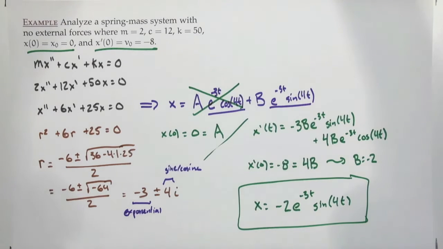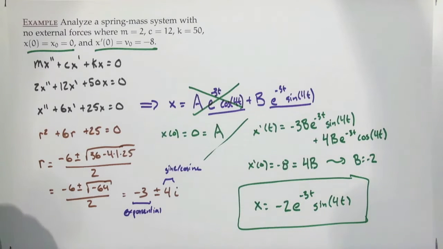And that's our analysis. Now, it doesn't ask us to do this, but what does it look like? We can actually figure this out. So, sine of 4t does what? I can see people moving their hands up and down, no big surprises.